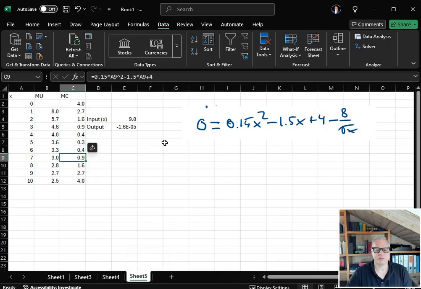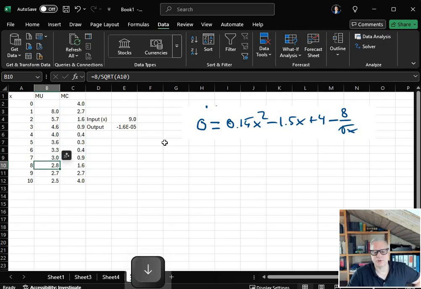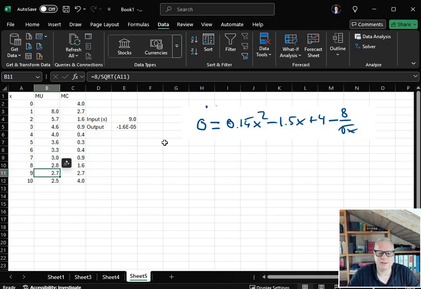But then after a while, the costs go up again. For example, if you have an eighth cookie, which is x, let's say, you get an extra utility of 2.8, but it costs you only 1.6. But at 9, you get exactly 2.7 utility, but it also costs you 2.7, so you're technically indifferent.